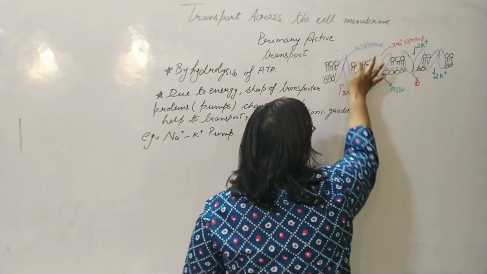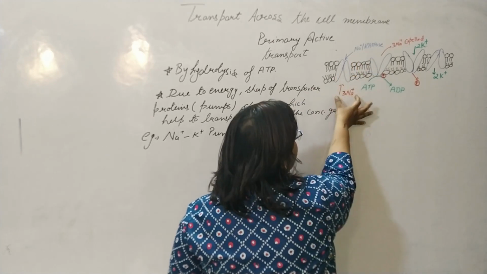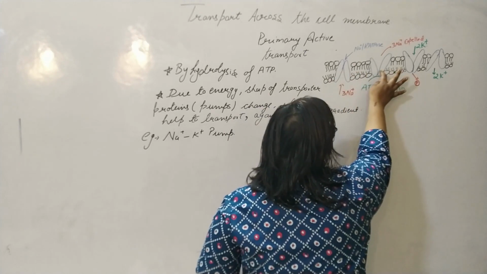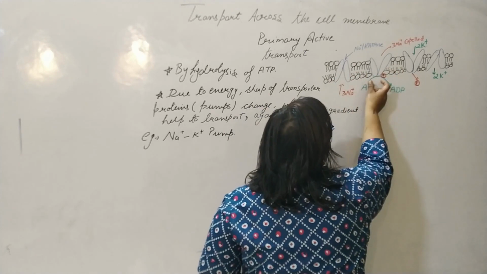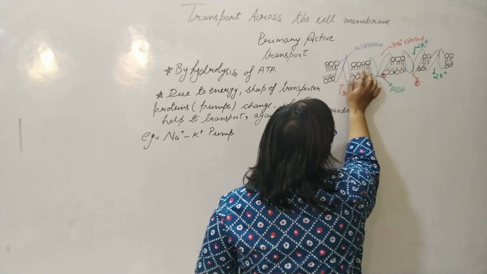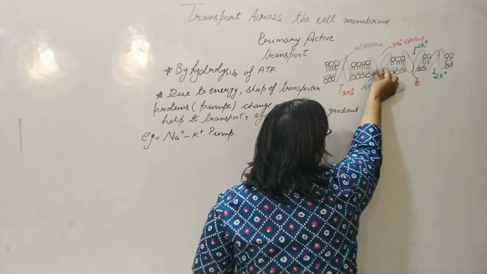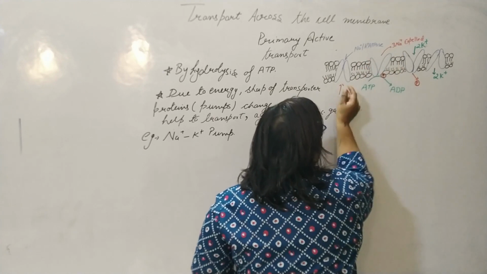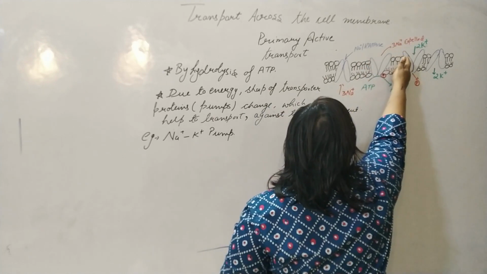As the sodium potassium ATPase activates, the 3 sodium ions bind, and as the phosphate molecule attaches, the shape of the transport protein or the pump molecule changes. So the 3 sodium ions are expelled out.